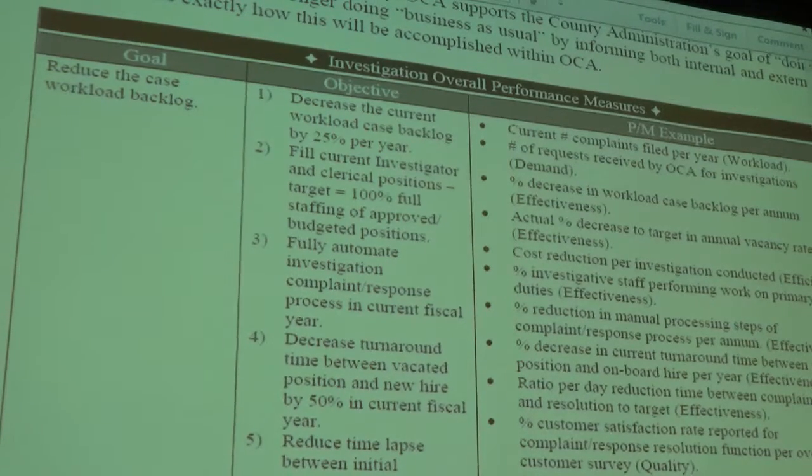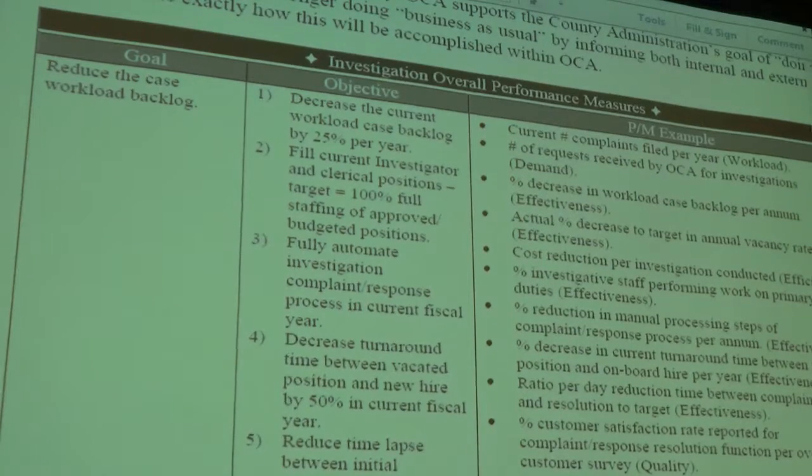Based on everything that we did for the Office of Consumer Affairs, for the Division of Investigations overall performance measures, for the functional investigations, we specified the goal to reduce workload backlog.